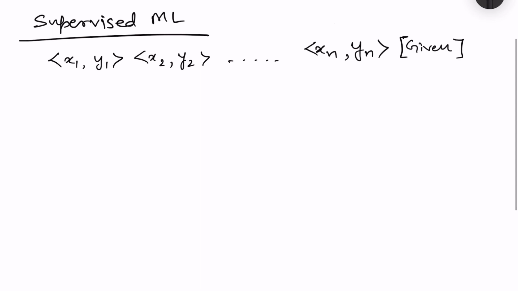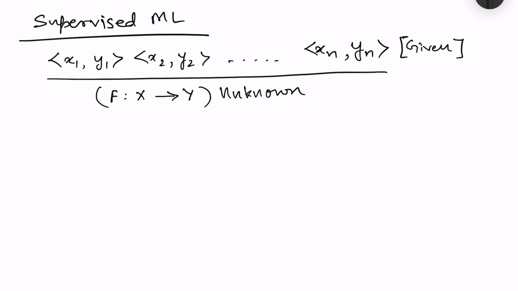Now, you are presuming that there is a function that connects the two, a function that goes from x to y. And we don't know what this function is. So this function is an unknown. What we know are these n examples of inputs and their corresponding outputs.